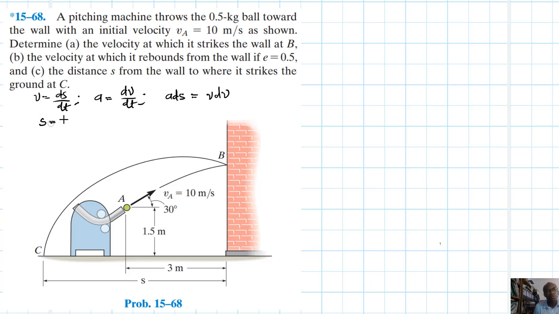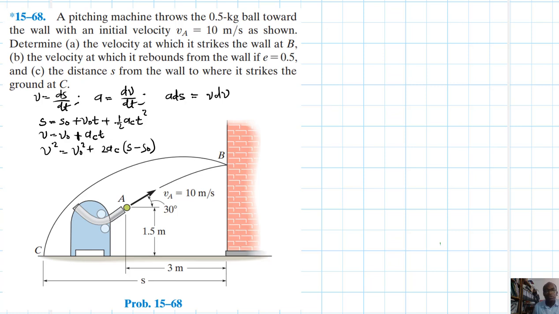For us, we want to use the equations where acceleration a_c is constant, at initial time equal to 0, initial displacement s naught, and initial velocity v naught. So we have v = v naught + a_c t, and also v squared = v naught squared + 2 a_c (s minus s naught).